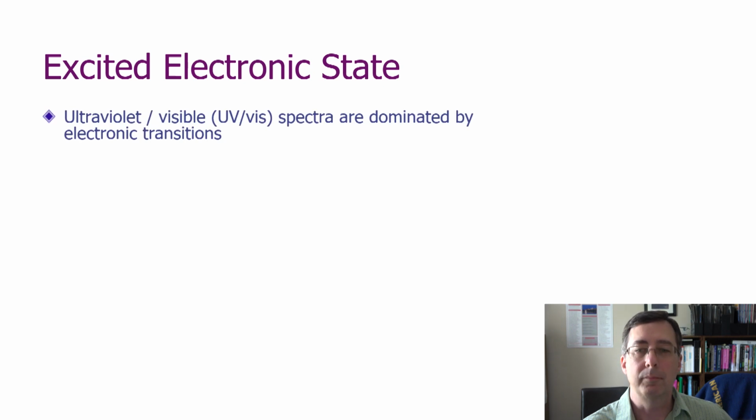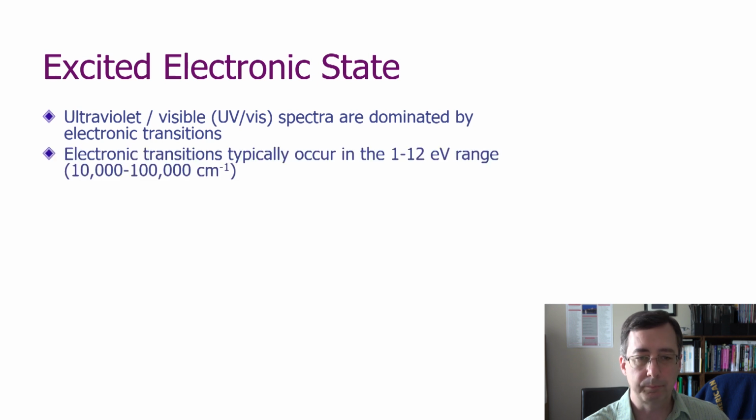Well, if you have a UV Vis spectrum, which is something we take not infrequently in chemistry, that spectrum is dominated by electronic transitions. The molecule is undergoing a transition from one electronic state to a higher electronic state, and it absorbs photons to be able to achieve that quantum jump up into a higher state.